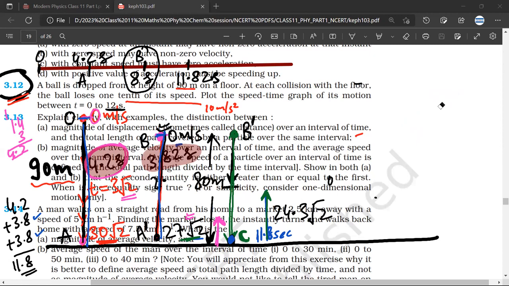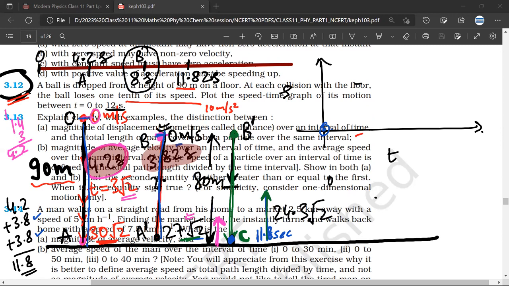I have to track the movement till 12 seconds only. So let me look at the graph. I have to draw a speed-time graph. So this is my speed, this is my time. At time t equal to 0, I was here.